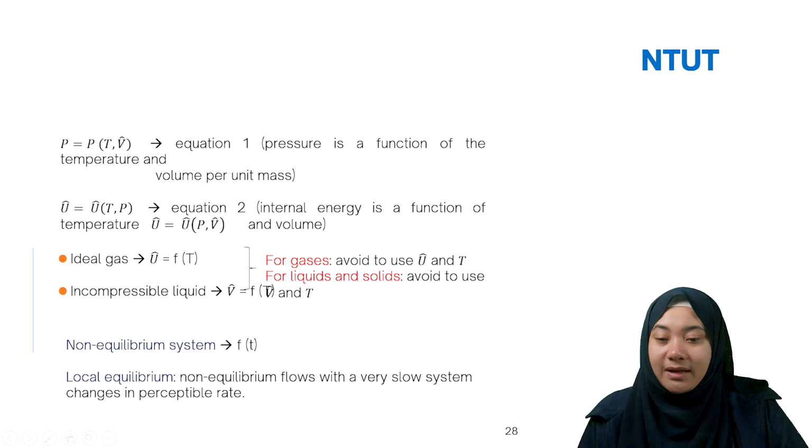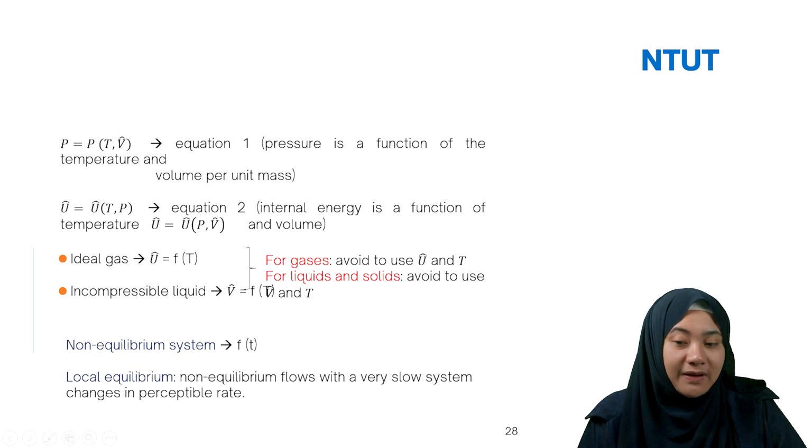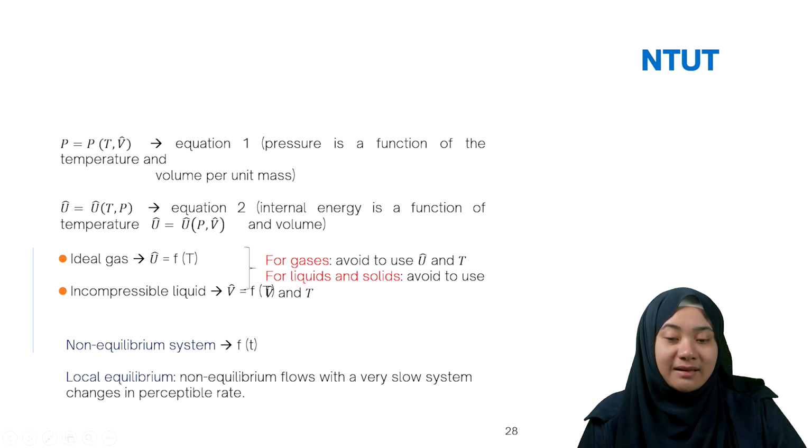U of T and P is a function of the temperature and the pressure. If you have an ideal gas, U is a function of T only. This is interesting: when we say ideal gas, because the pressure is low, you can see that U cap is equal to a function of T.